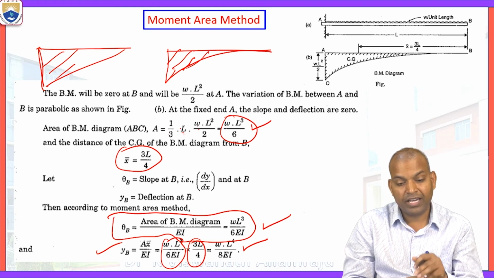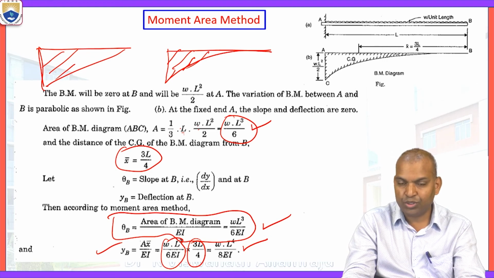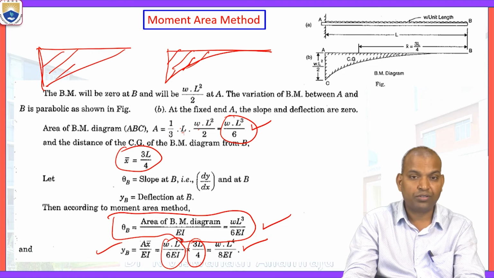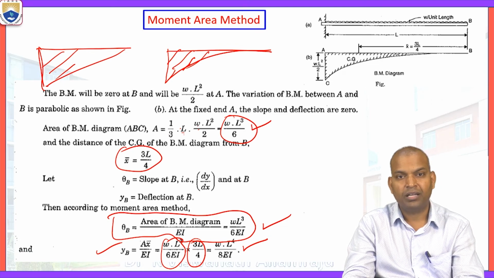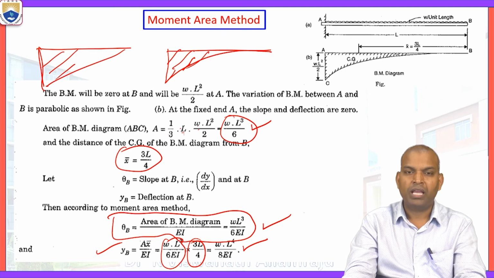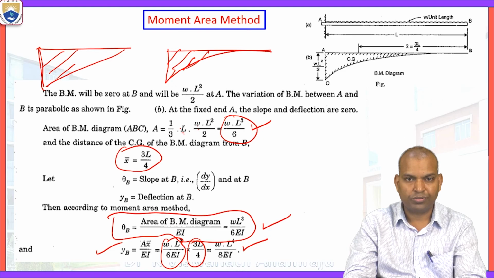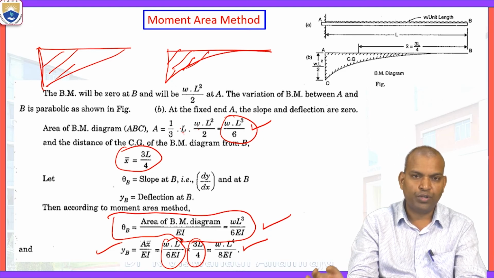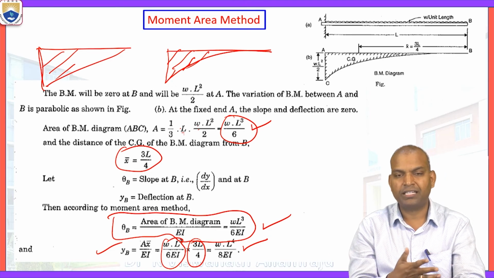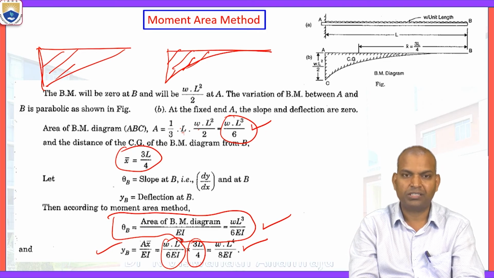Alright. But in the moment area method, although simple, one must have the ability to find out the area of the bending moment diagram and also the x bar value. If you know these two values, by direct substitution you will get the slope and deflections for any type of beam.